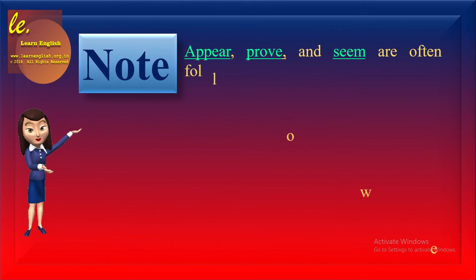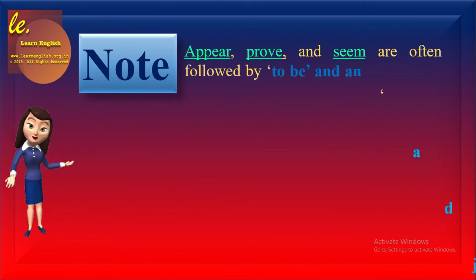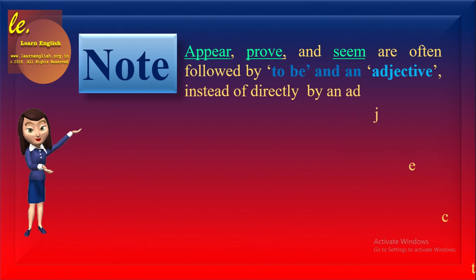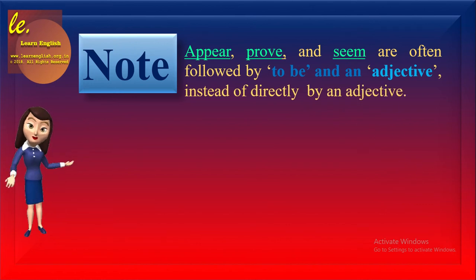Appear, prove, and seem are often followed by to be and an adjective instead of directly.